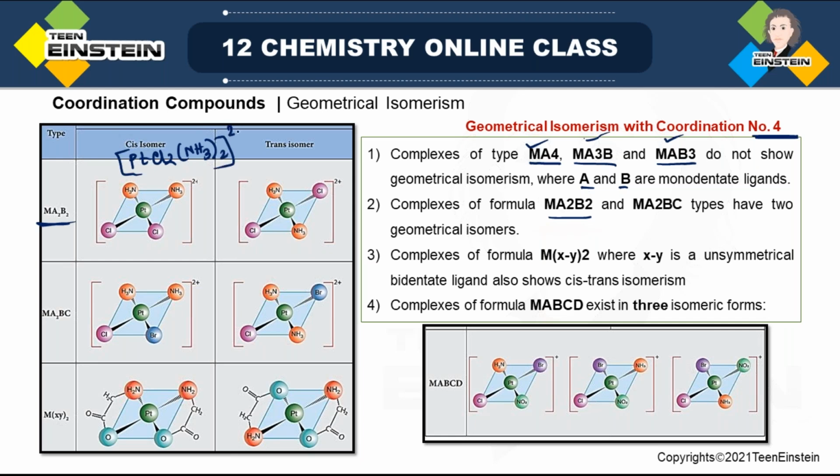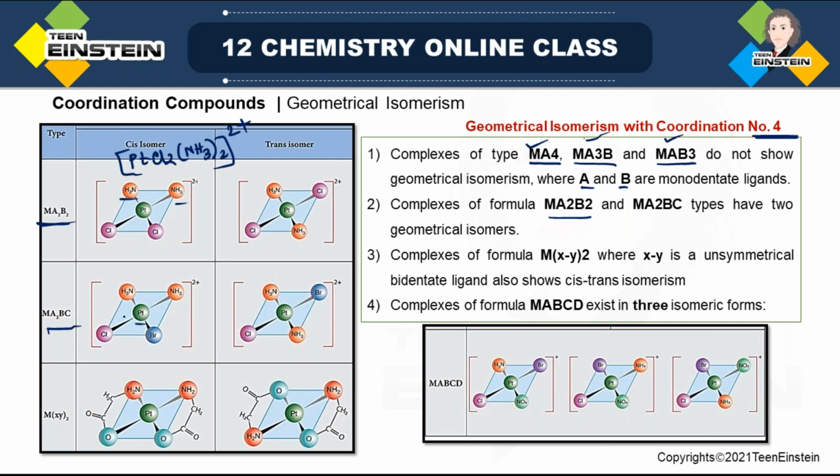Here the same ligands can remain on the same side or 180 degrees apart. When it is 90 degrees it is cis, and when it is 180 degrees it is trans.